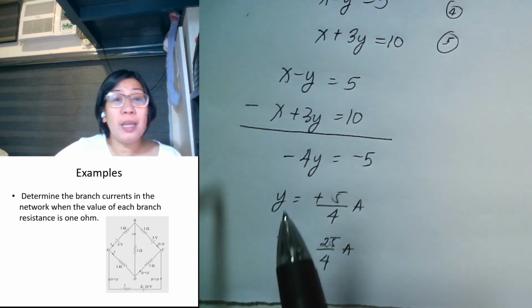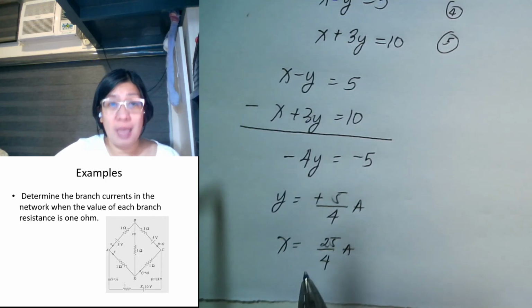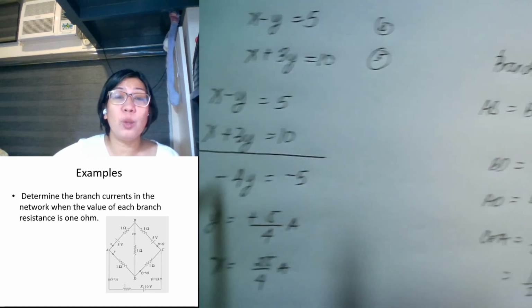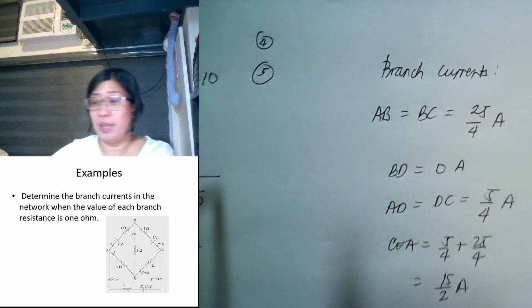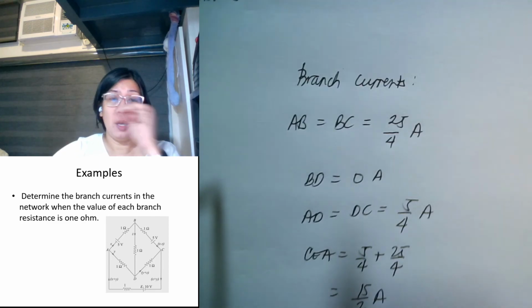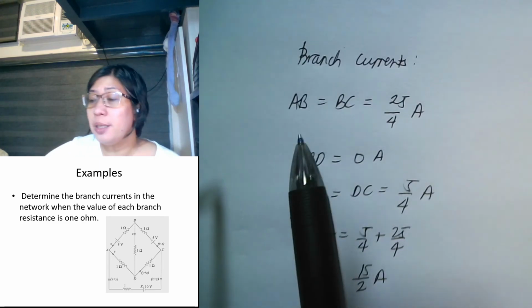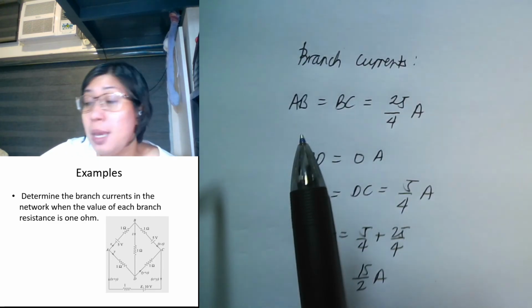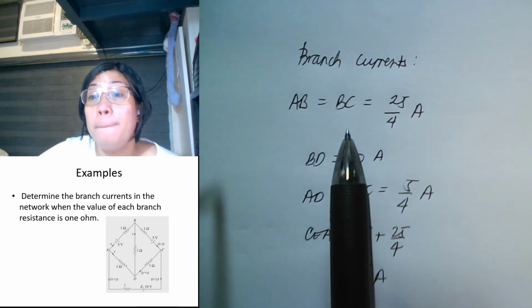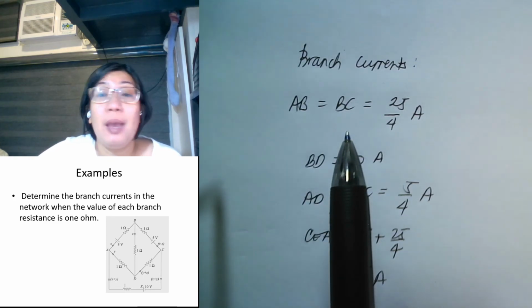So, we know already Y and we know already X. We can then solve for the branch currents. So, what are the branch currents? The branch current at branch A and B is equal to branch B and C. Why?